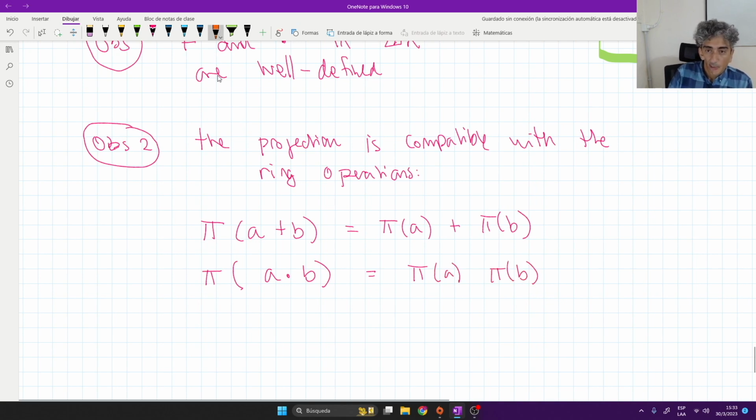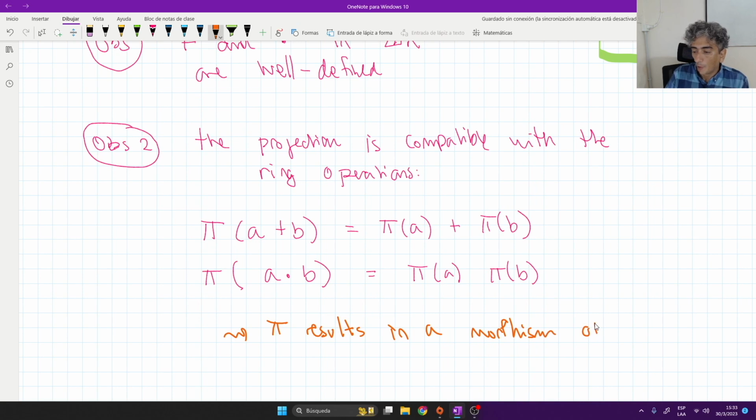That is, pi results in a morphism of rings, right?